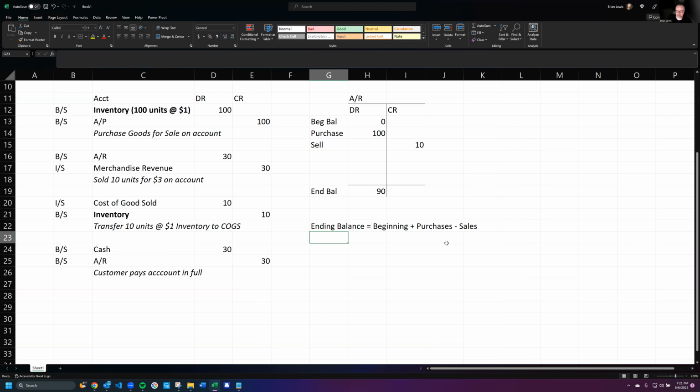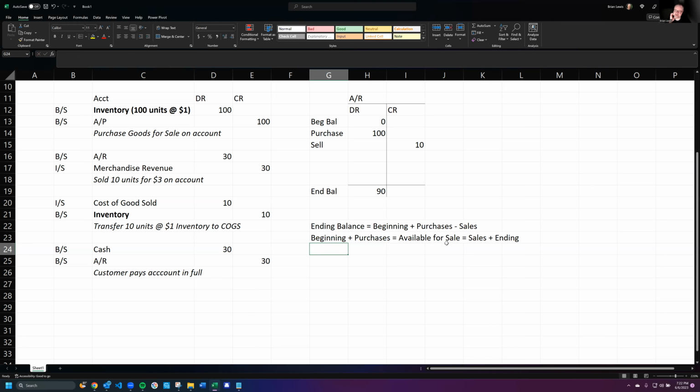Another way of doing this is what they did, which was beginning plus purchases equals available for sale, which equals your sales plus ending balance.